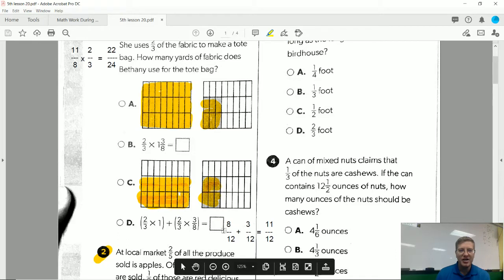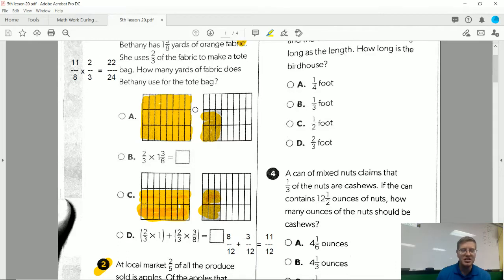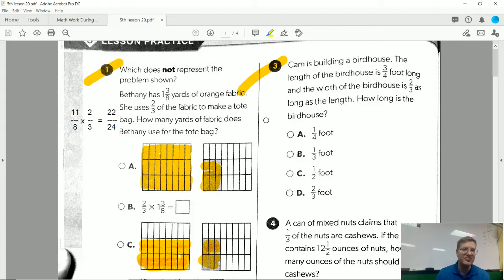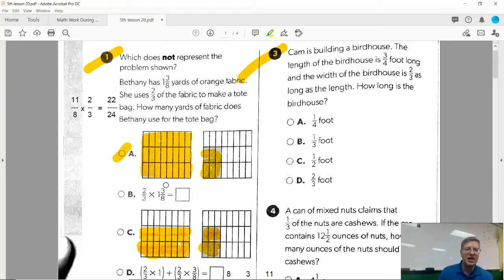So my very first option would have, for the answer, the entire shape plus 6/24 filled in. That one is going to be the one that is not correct. So this is the version of what I did up here. All I did was change this to an improper fraction.